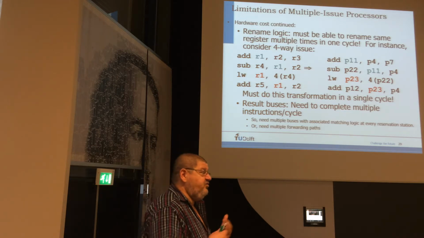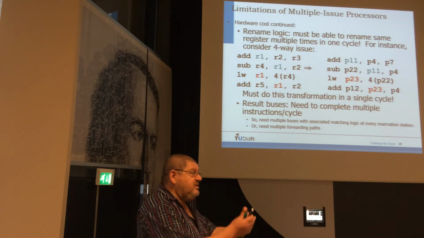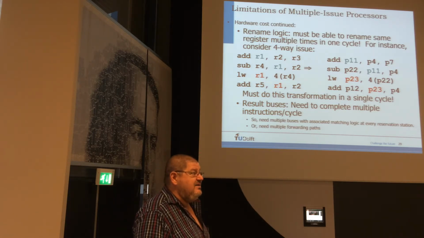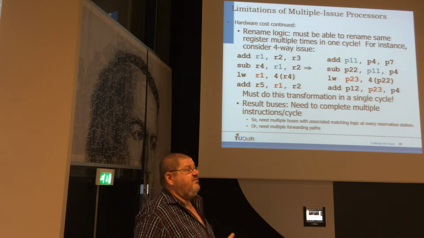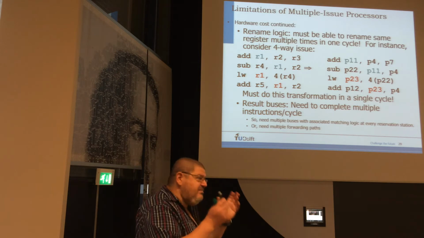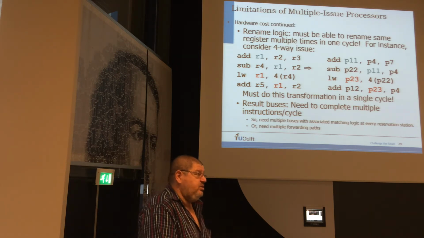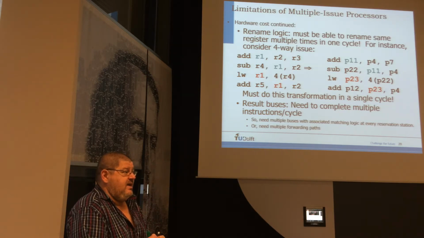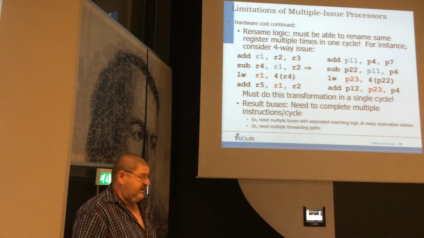If I'm issuing 4 instructions, I should have a structure which will allow me to broadcast 4 results, which means I will have to have 4 buses, or imagine something which will allow that. If I'm not doing this, I'm creating a bottleneck. And I want the machine to be nicely balanced, no bottlenecks.